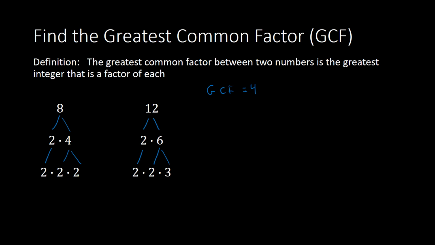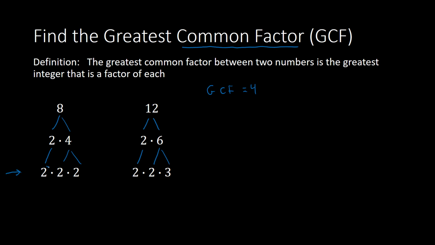Okay, so then from here, what do we do? Well, we want to find what factors they have in common. So for the greatest common factor, we look down at this bottom row and see what factors they have in common.